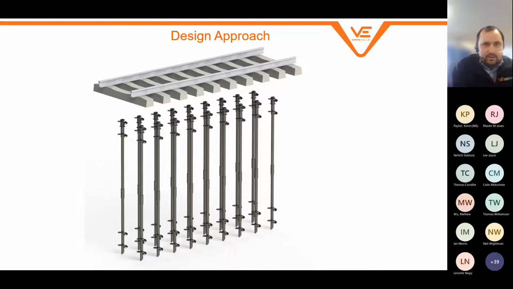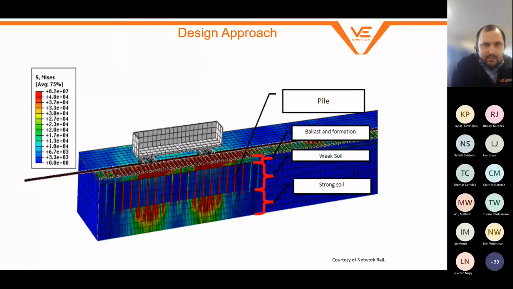If we look at the design approach with the ground conditions removed, what you can see is a bank or a series of screw piles with a lead section at the bottom of the pile that we use to bed into firm material. There's then a series of extensions that we can vary to increase the length of the pile as required, and then a cap that shares the load to the underside of the ballast layer and transfers that load back up through the track system.